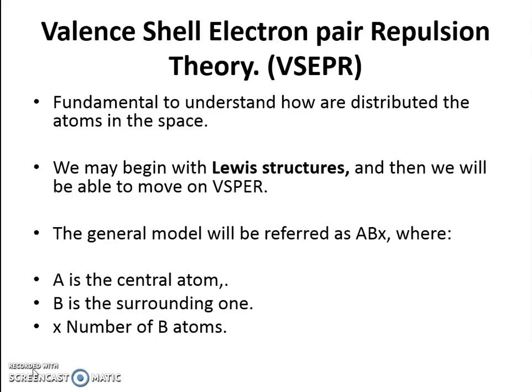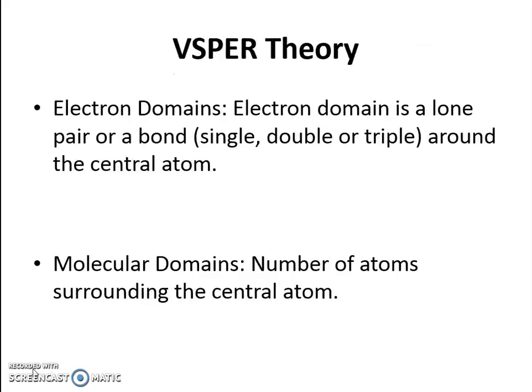This model means A is the central atom, B is the surrounding atoms, and X is the number of surrounding atoms. For this theory, we'll have another concept, the electron domains and the molecular domains.